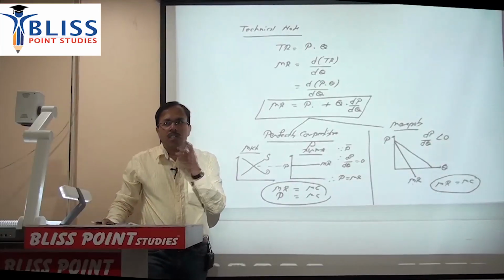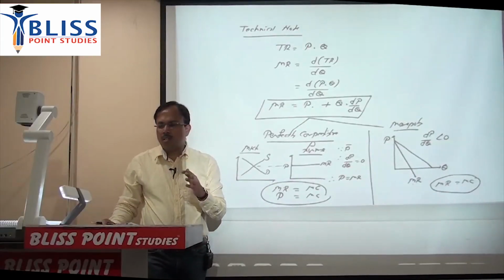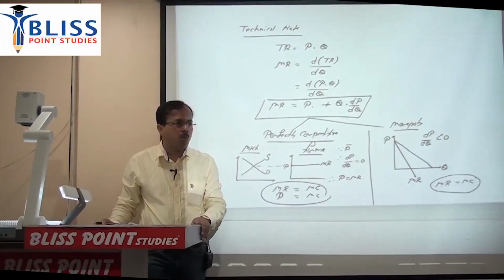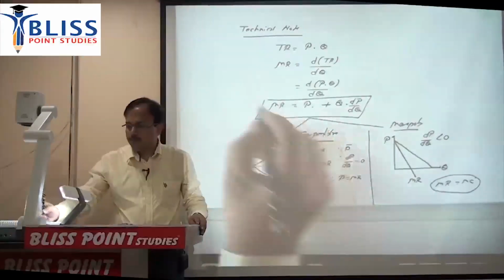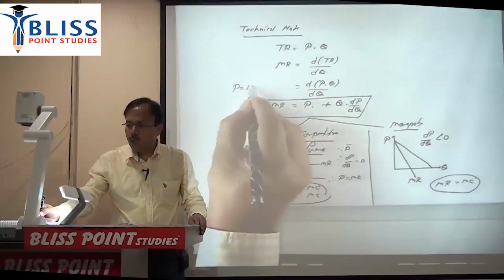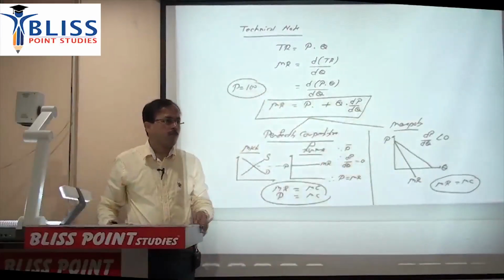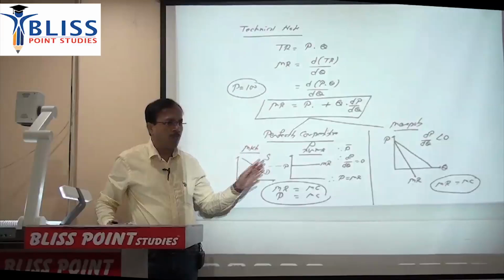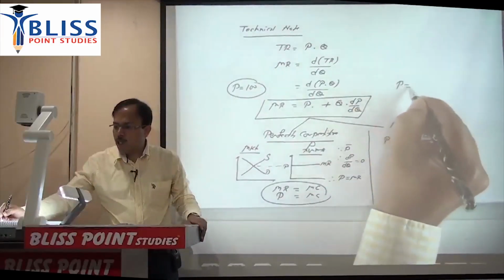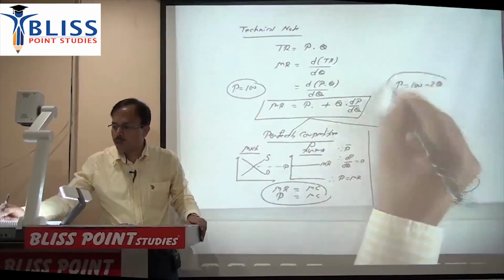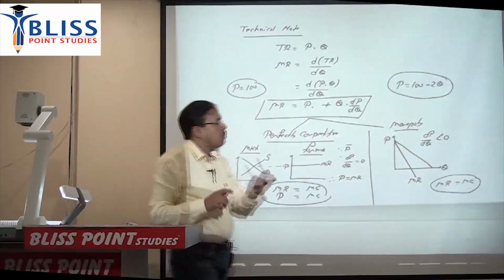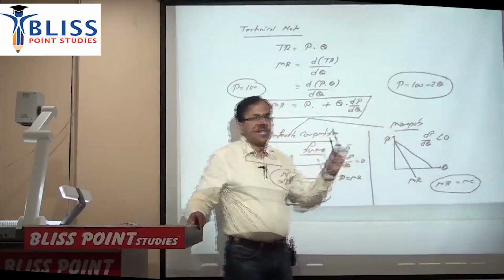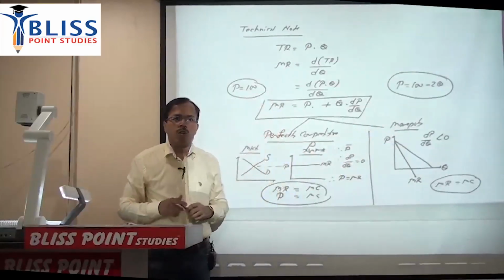Now let us say any equation is given to you and the question does not say whether it is competition or monopoly. How will you get to know whether it is a question of competition or monopoly? If I simply say P is equal to 100, then it is competition, P is constant. And if I say P is equal to 100 minus 2Q, then it refers to monopoly, because here price and quantity are inversely related, and in the other case price is simply a constant number.